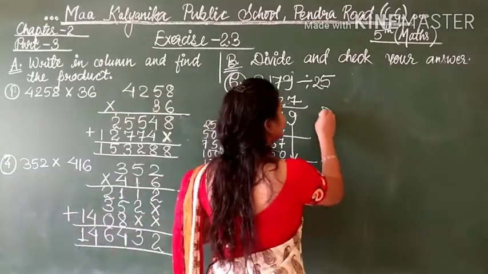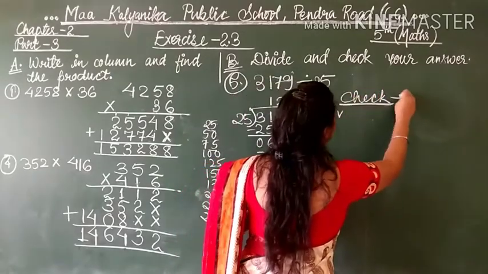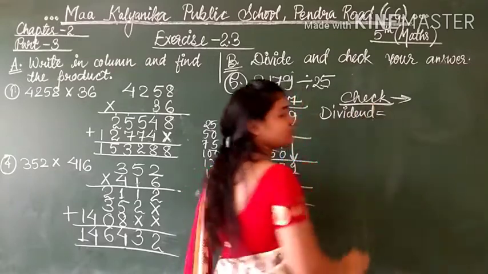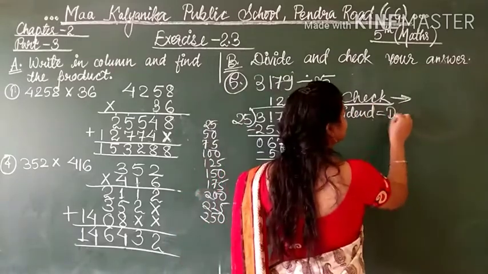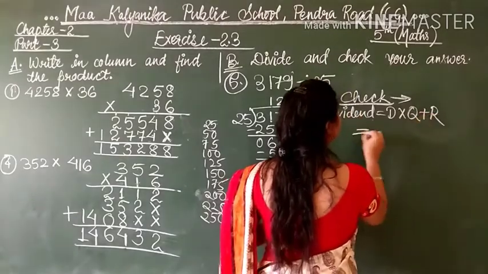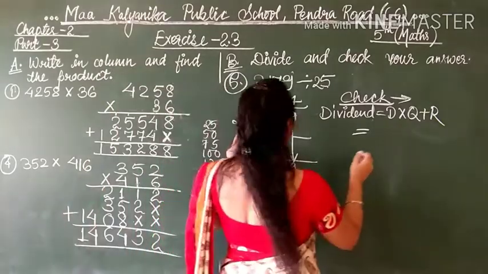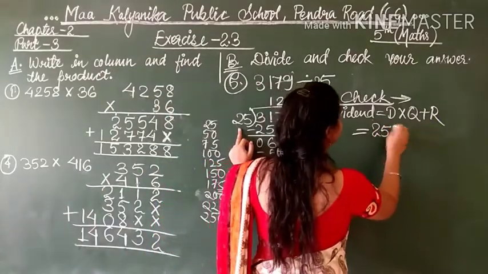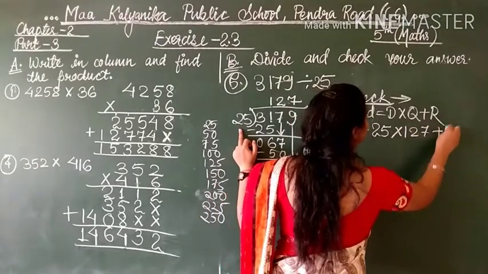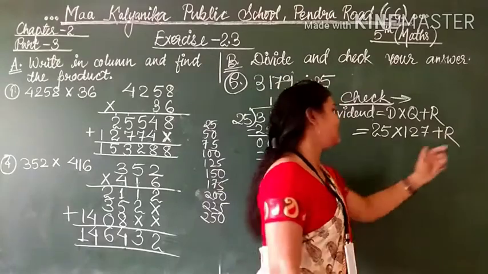So for checking, C-H-E-C-K, check. Okay, I am taking here dividend. Dividend is equal to, the formula is divisor multiplied by quotient plus remainder. So what is the divisor here? 25 is the divisor multiplied by 127 plus R. BODMAS rule, first multiply, then add.